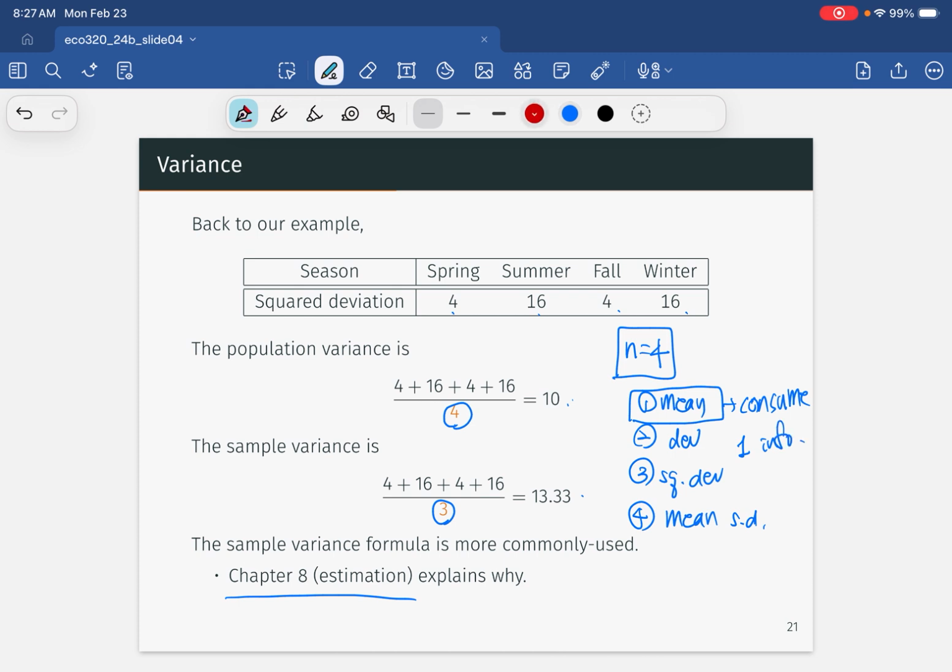That is the idea, right? So statistically, it makes sense. In the first step, we lose one information, and so at the last step, the effective sample size is n-1 because we already consumed one information in a previous step. I will explain that in more detail in chapter 8. Okay.